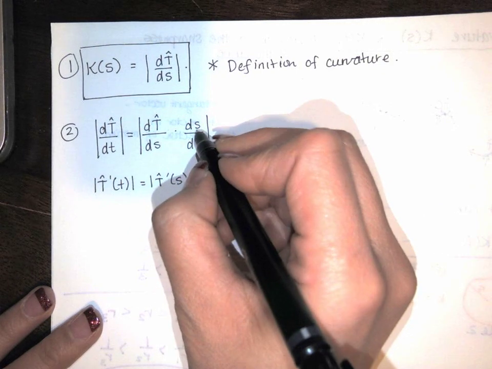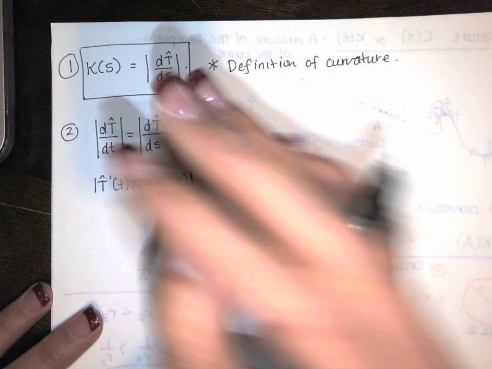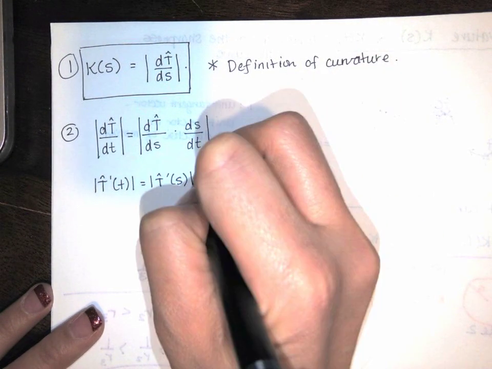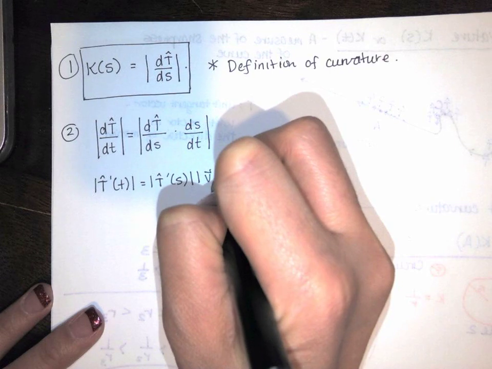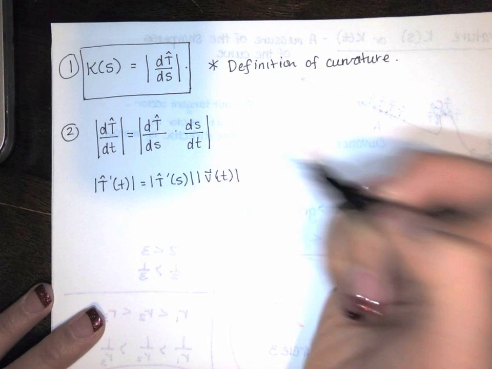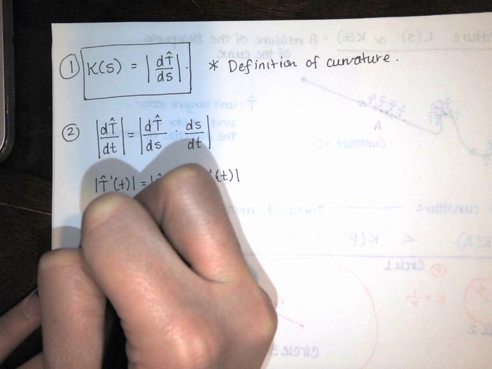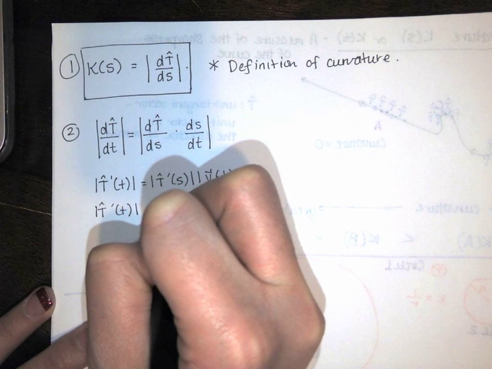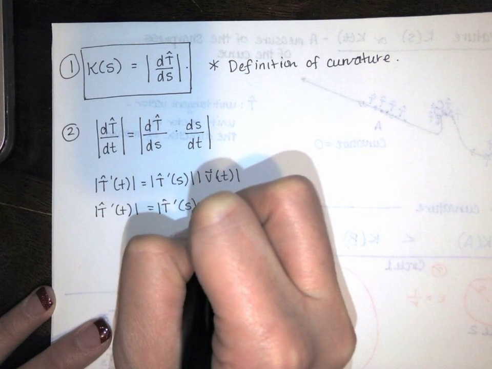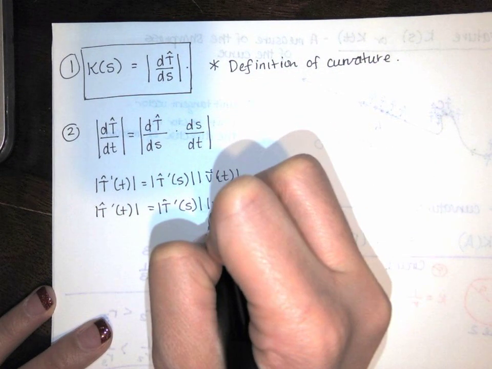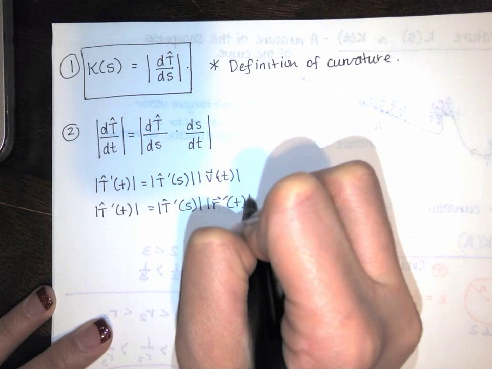And ds dt, that's change in distance per unit time and it's instantaneous, that's another name for speed. So you could call that v of t if you want to, or you can call it r prime of t, same thing. Because velocity is the derivative of position, right?